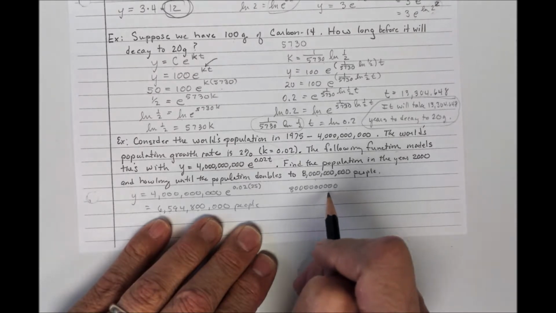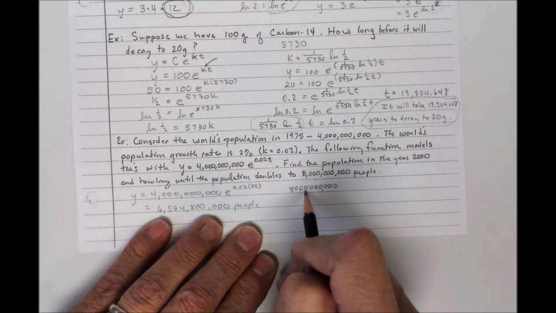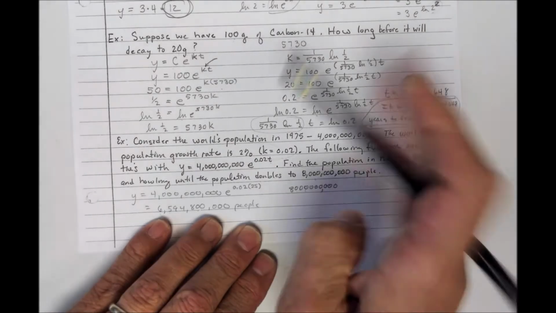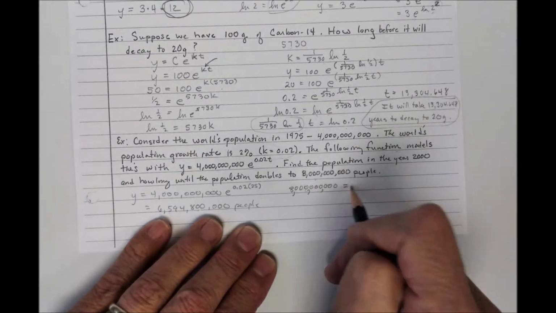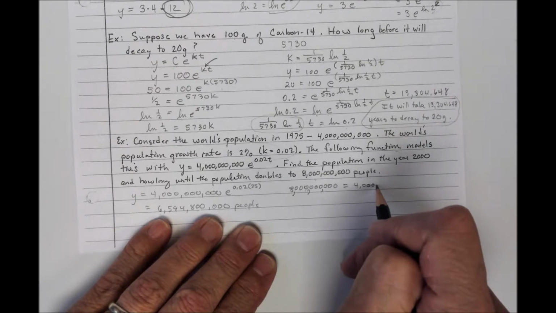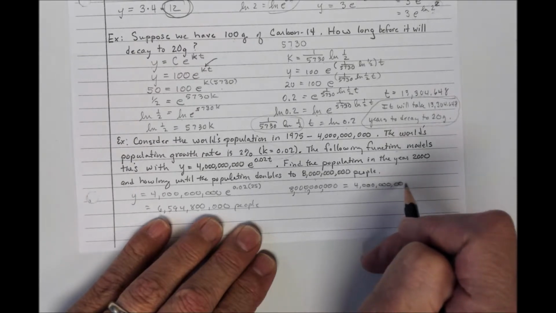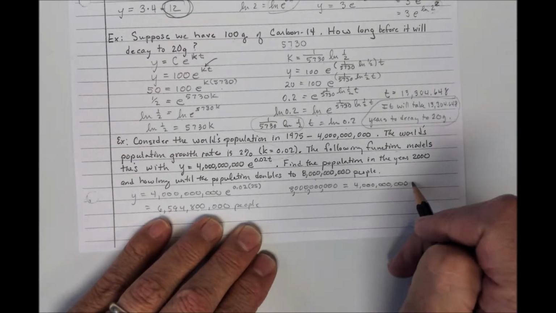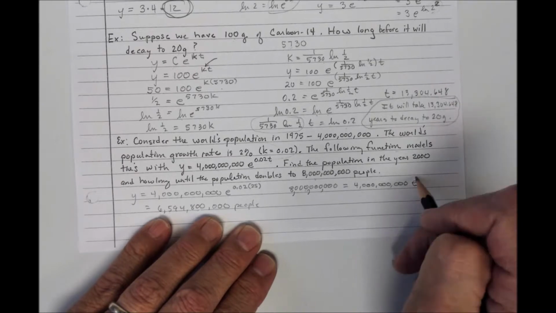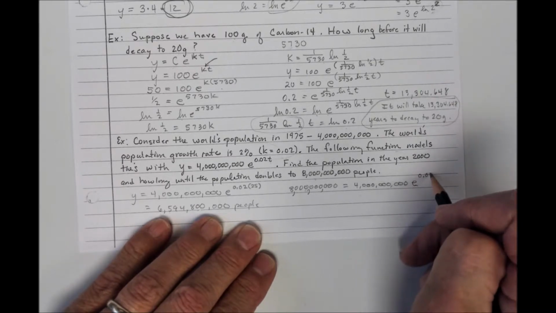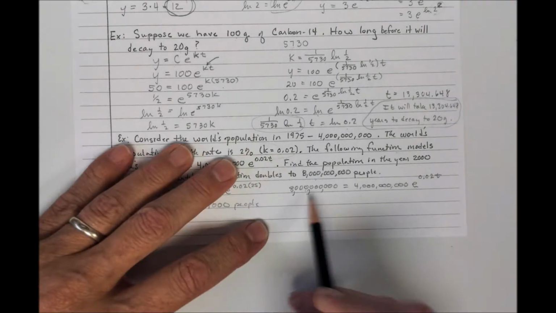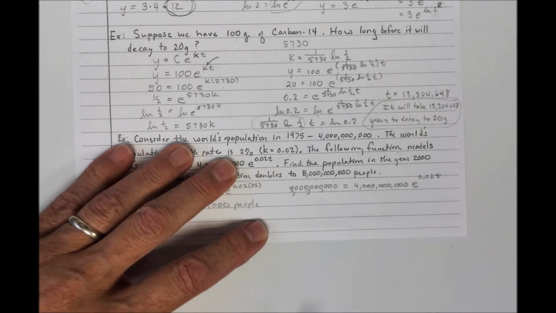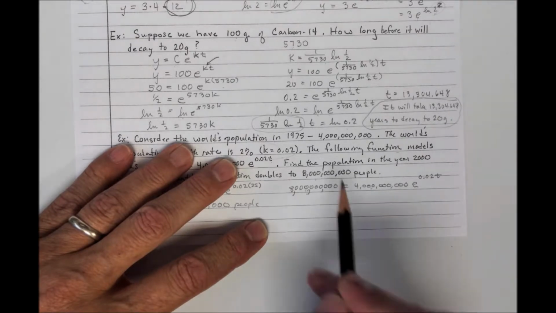So let's see, got to count to 3 here first before I start putting them in. Okay, so 8 billion equals 4 billion, whew, should leave more space, e to the 0.02 t. I'm going to divide both sides by 4 billion. Now notice here, this is a little like one of the first examples I did where I end up doubling.